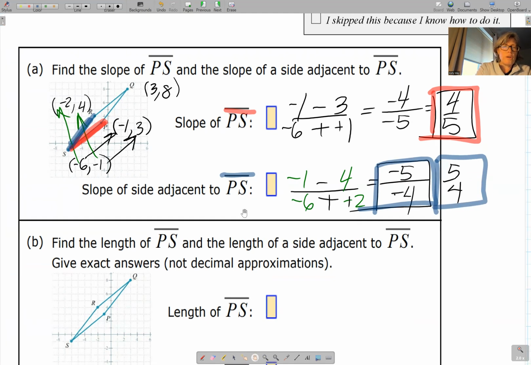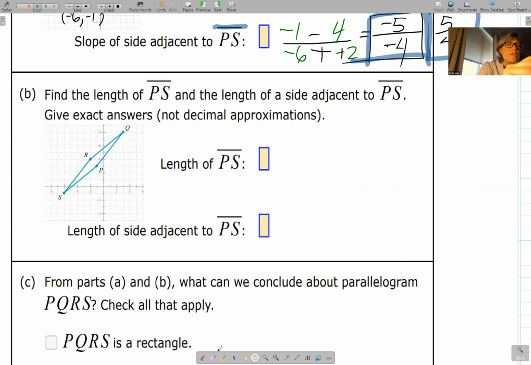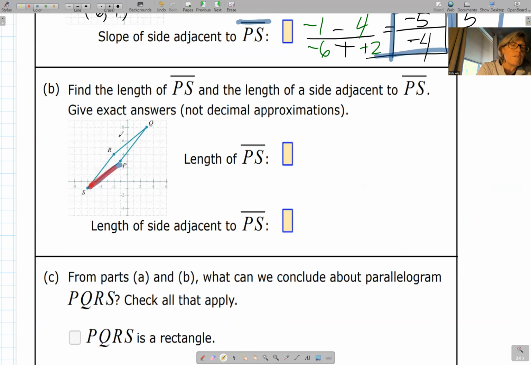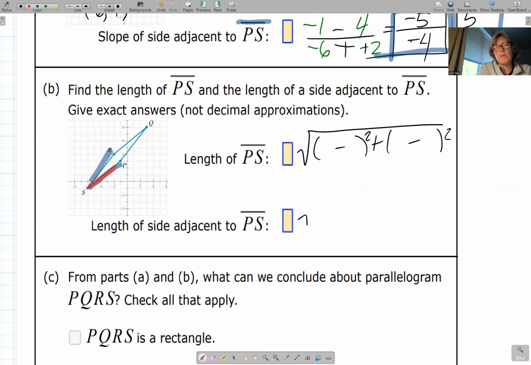Come over here. So now we're going to do the length of PS, length, and one adjacent. Again, it doesn't matter which way you go. Oops, let me keep my color straight here. This one was red. This one is blue. I always recommend you make a template. Ready?